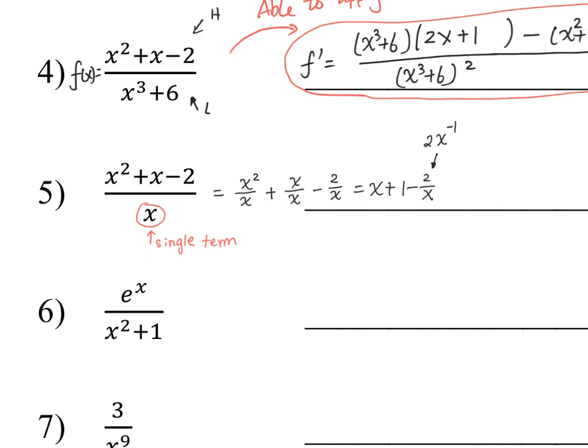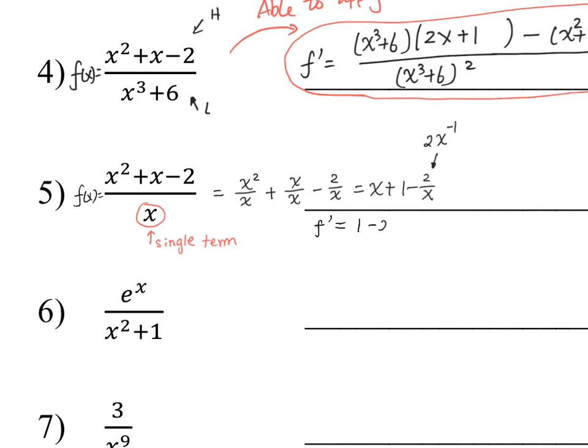So now I'm going to find the derivative. Let's call this f. So therefore my f prime will be equal to, instead of using the quotient rule, I'm using the power rule. Derivative of x, which is 1, plus the derivative of 1 is 0.